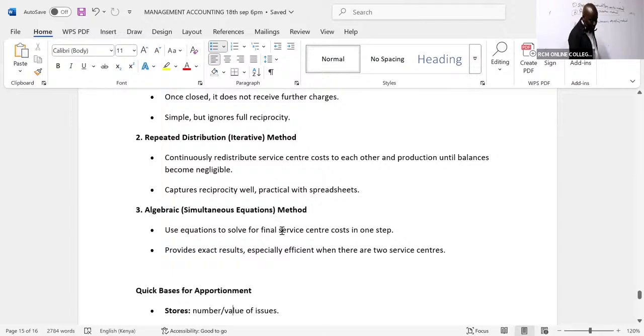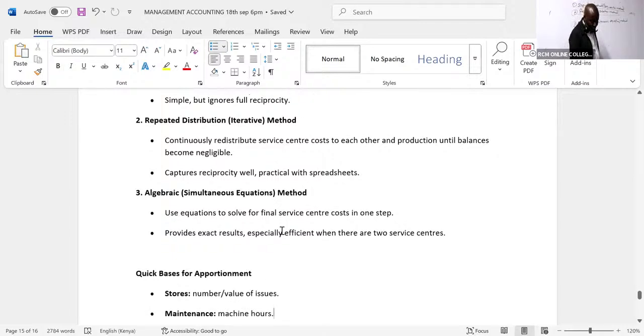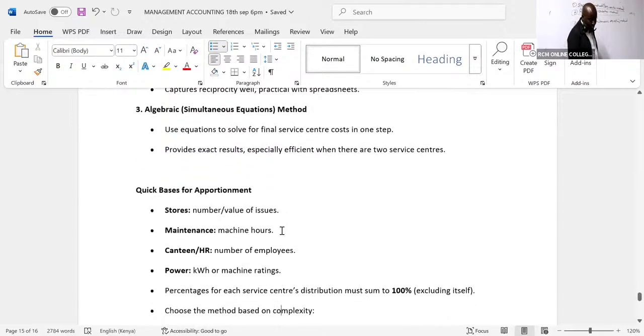It uses equations to solve for final service center costs in one step.